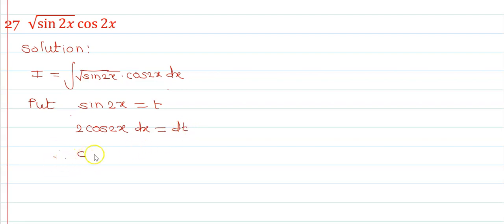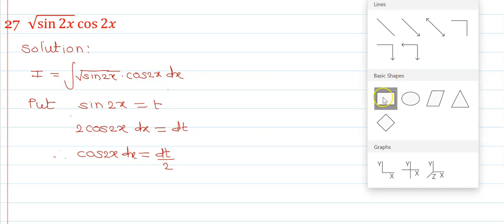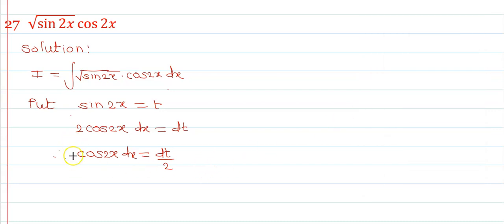Therefore, cos of 2x into dx is equal to dt upon 2. Now our integral will change.